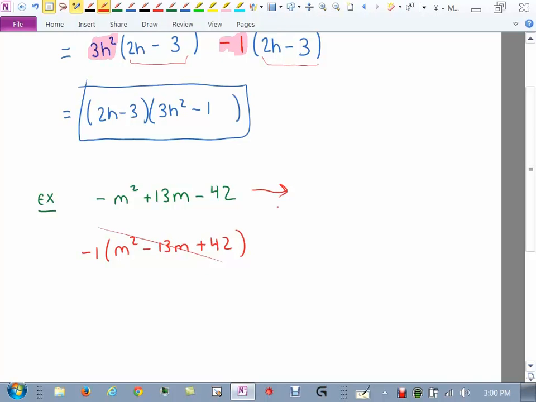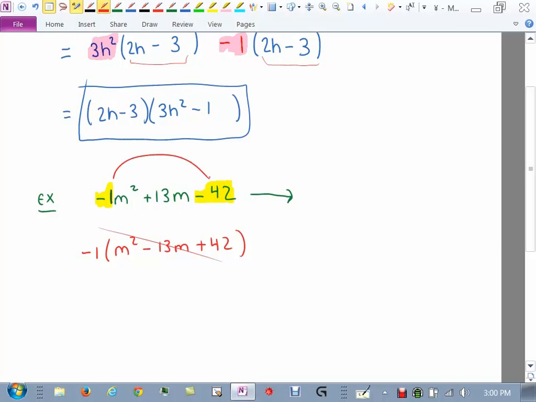Now, how many terms do we have? 3 terms, right? 1, 2, 3. So if we have 3 terms, we are going to try this AC method. So how did we do the AC method? We took the number that was in front of the variable, which for us would be -1. We took the number in the back, which for us would be -42.